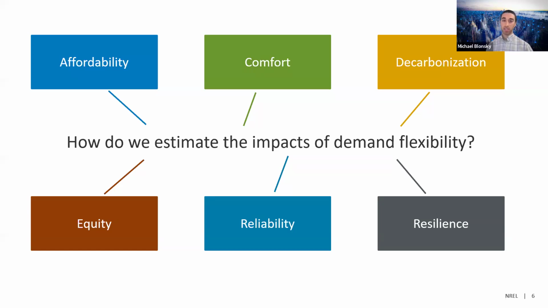Some of these technologies can improve or increase the rate of decarbonization of our energy systems, and they can also have impacts on equity. For example, they can have impacts on customer bills, both for the DER adopters or participants who are engaging in demand flexibility, but they could also have impacts on non-adopters or non-participants. And so considering all of these impacts is really important when we're analyzing different methods for demand flexibility.